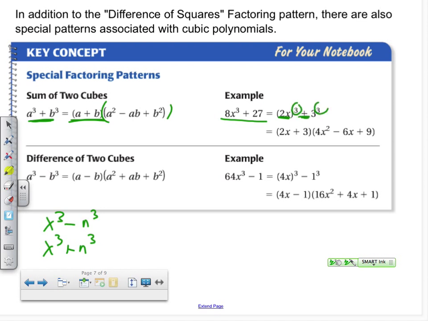So the pattern, a plus b, there's your a plus b. And then a squared, 2 squared is 4. A times b, 2 times 3 gets us the 6 with the subtraction. And then b squared, 3 squared is 9. Same thing down here. 64 is 4 cubed, so it fits the difference of cubes pattern.